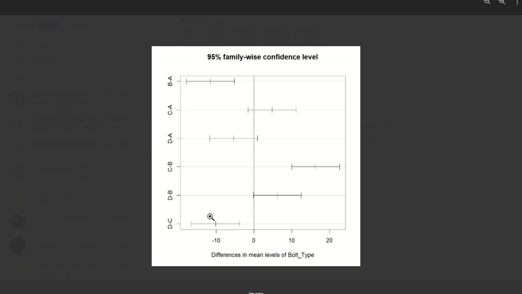B and D was a marginal case, right? 5.8%. You can see one edge is very close to 0. And you can see that this marginal case is because of this particular value. You can see the whole data set is here.